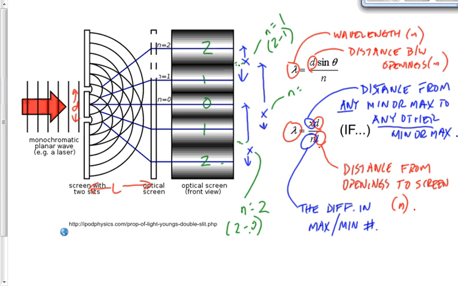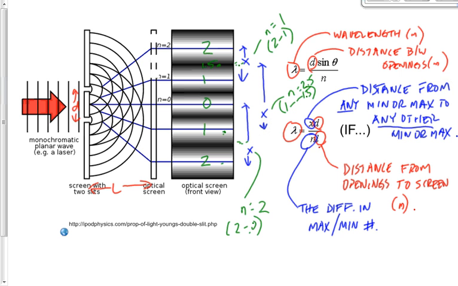First order max here to the second order minimum here. This is like 1.5, isn't it? So what are we going to say here? 1.5 minus negative 1. Or you could say 1 minus negative 1.5. Doesn't matter which way you go. We're going to say it's a value of 2.5 for n.